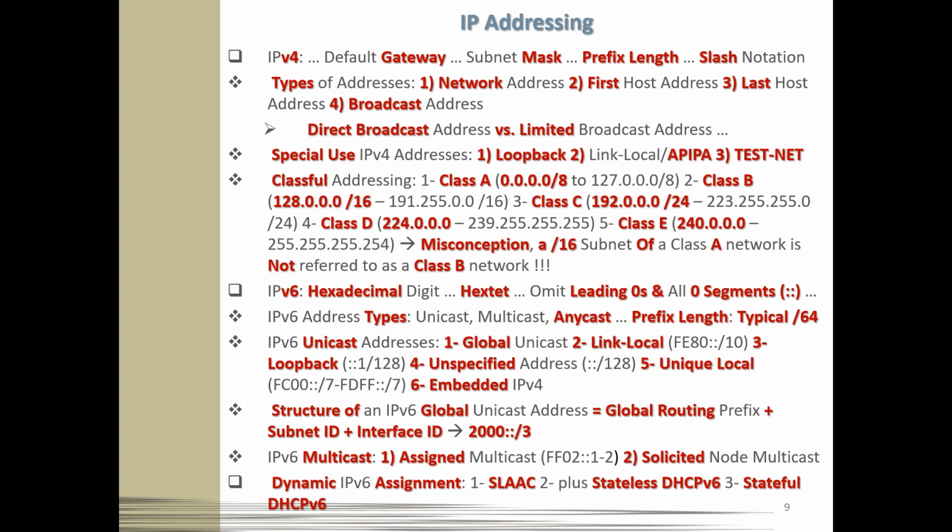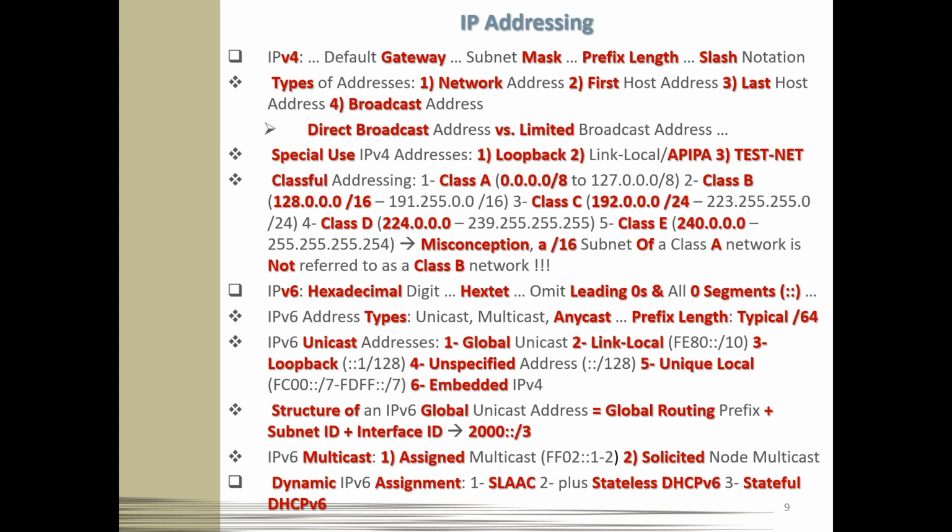The second type of address that we have is the first host address or the first usable address. It is when the host portion is all zeros and ends with a 1. So we're going to have 192.168.10.1/24 as the first host address or the first usable address. And then we have the third type of address with IPv4.